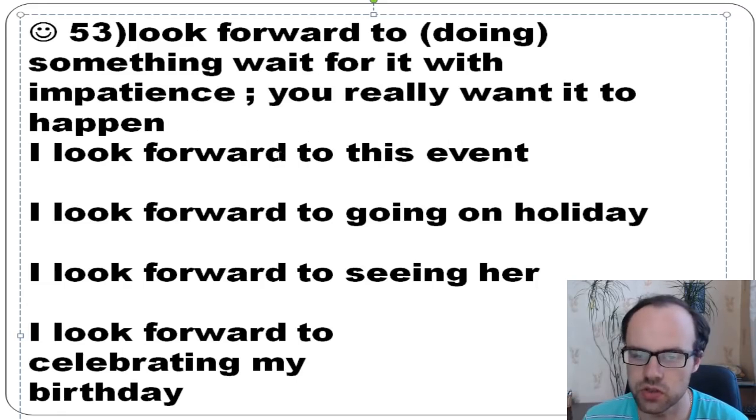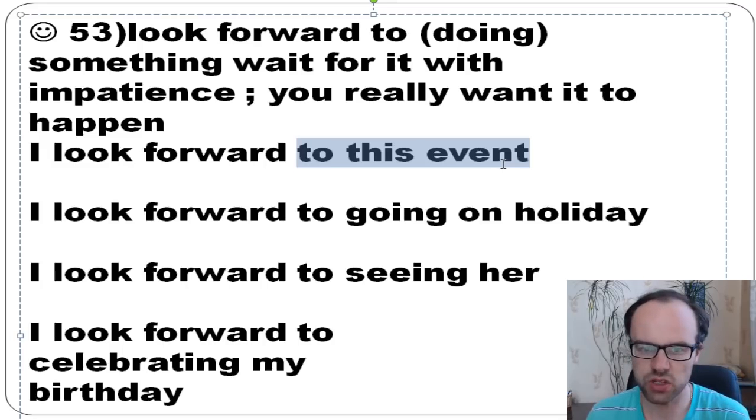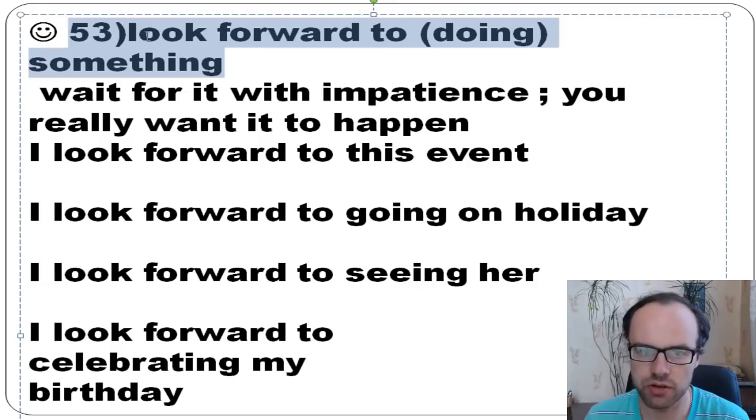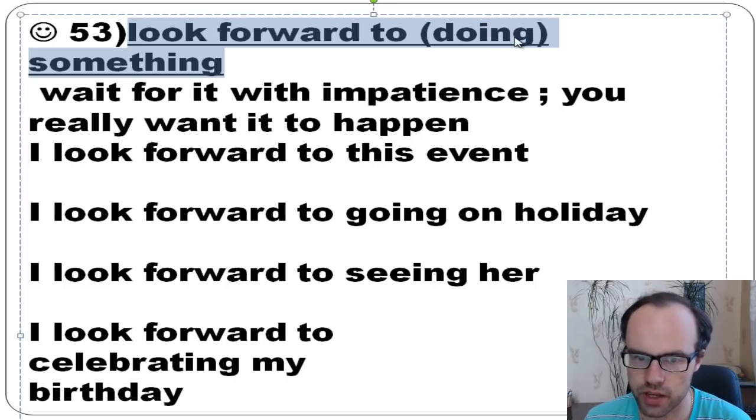I look forward to this event. Yeah, so it means that you're really waiting for it. It's important and you want to be there. I look forward to going on holiday. Yeah, you're absolutely right. So we say look forward to something or to doing something if it's a verb. Don't forget to put ing, okay?